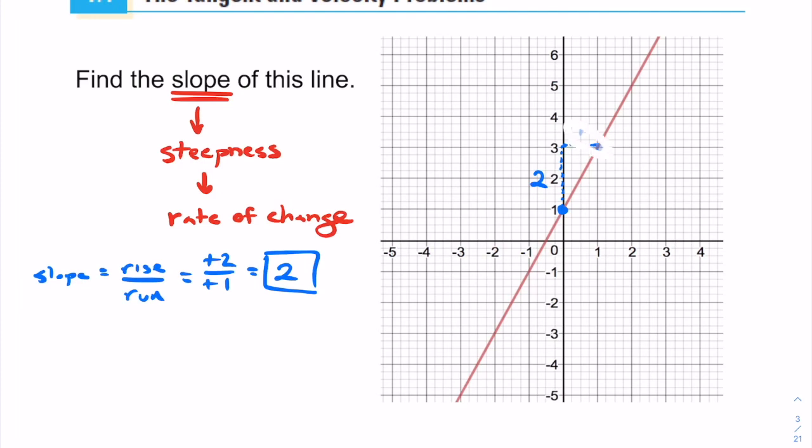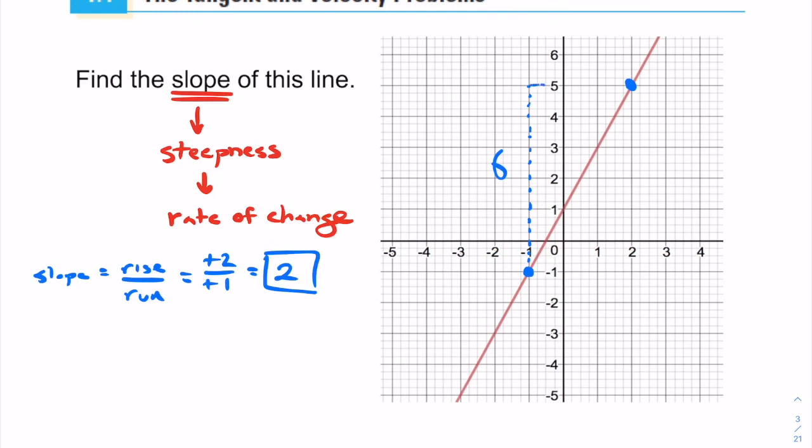So here's my question to you guys. Can I pick any two data points, right? Can I pick this one and this one here, right? How much would I be rising here? So it looks like we're rising 1, 2, 3, 4, 5, 6 units, okay?